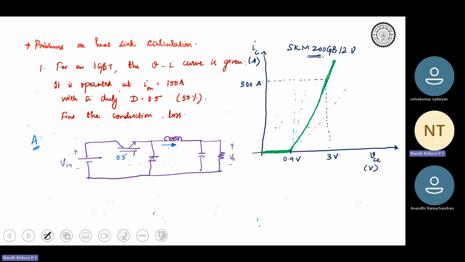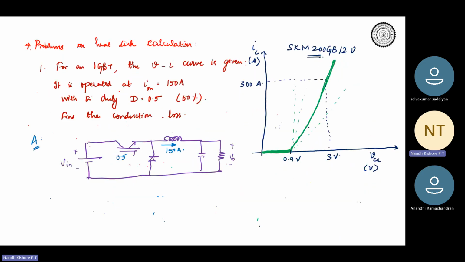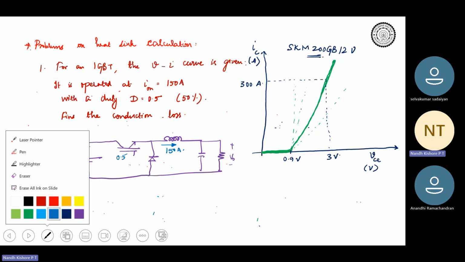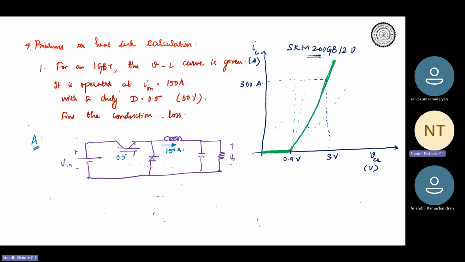The inductor is your current stiff element, so this is 150 amperes. When the switch is on, the switch current will be 150 amperes. When the switch is off, the switch current will be 0. So how would your inductor current look in the buck converter?